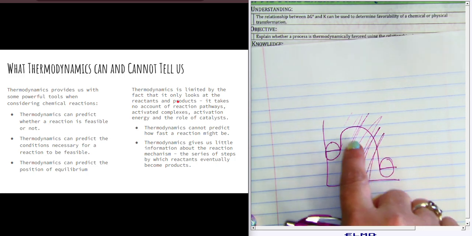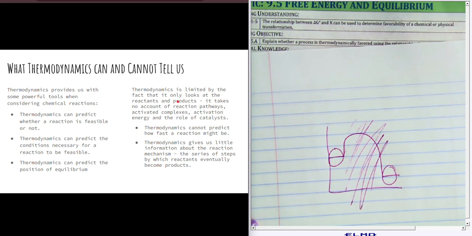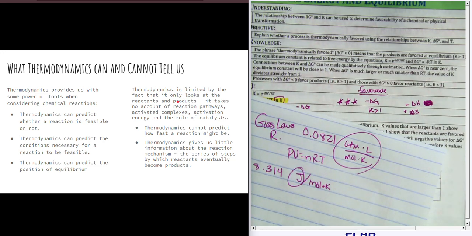And this part also matters, so it's also relevant. It doesn't take a look at what's happening in between, like what are the pathways? What's the activated complex? What's the activation energy? Are there catalysts involved? What are they doing? So it cannot predict how fast a reaction is going to take place, so it's got nothing to do with kinetics, and it doesn't give us anything to do with the mechanisms and the steps going from the reactants to the products.